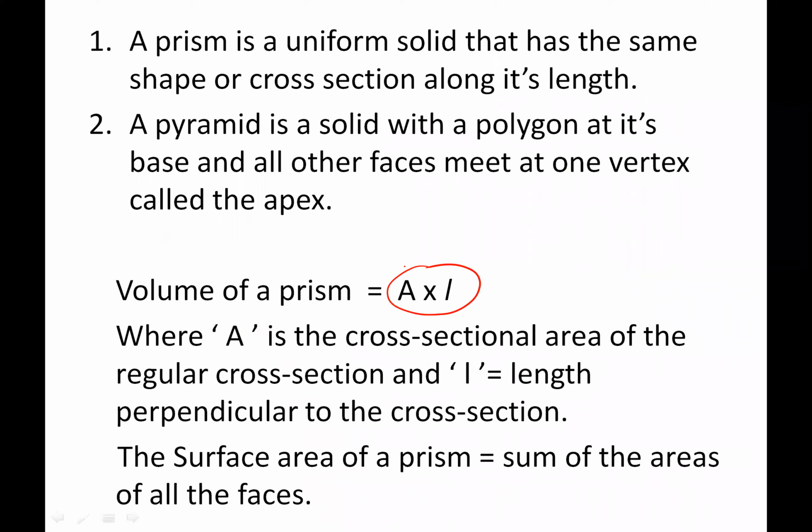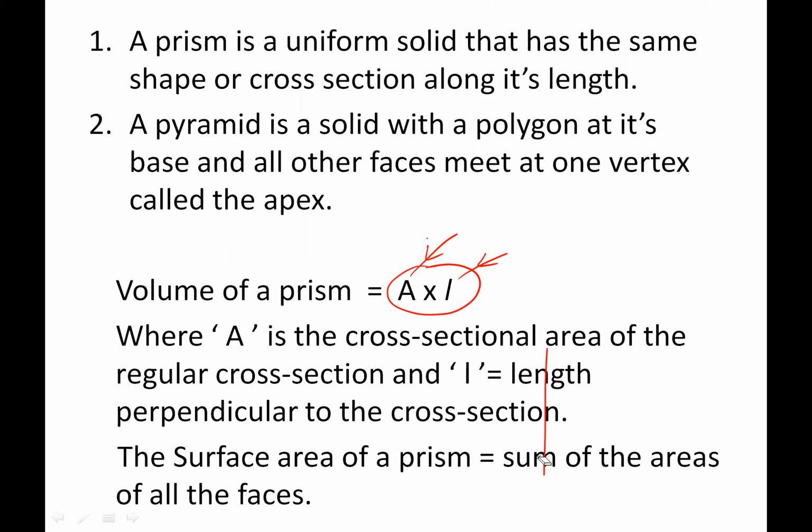The A here is the cross-sectional area, that is a regular cross-section throughout its length, and this L here is the length perpendicular to that cross-section. So this formula, A times L, is very important that you remember to use it when called upon.